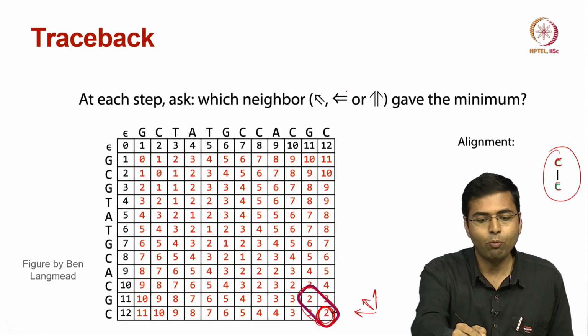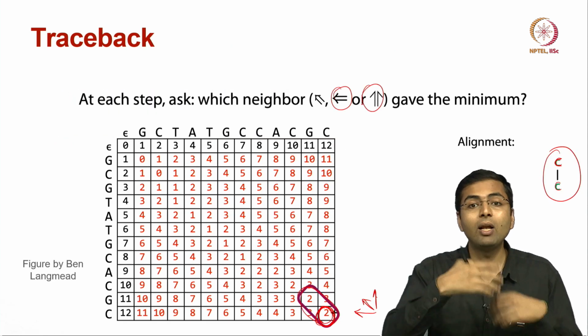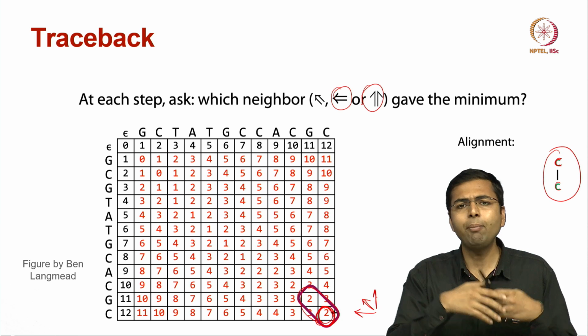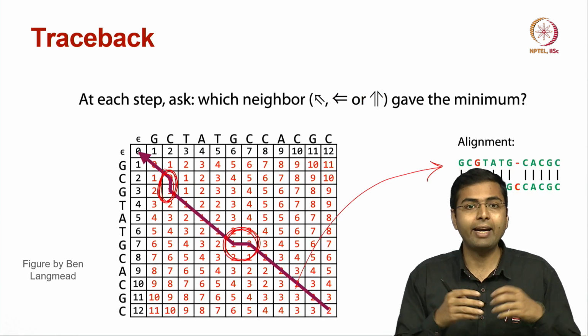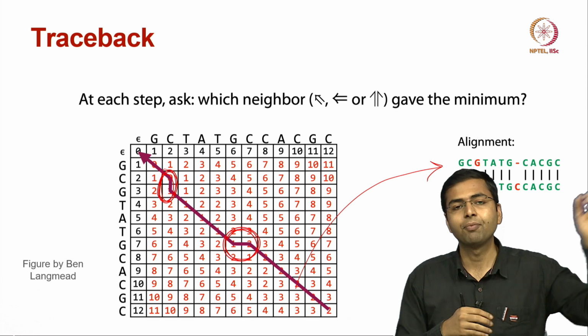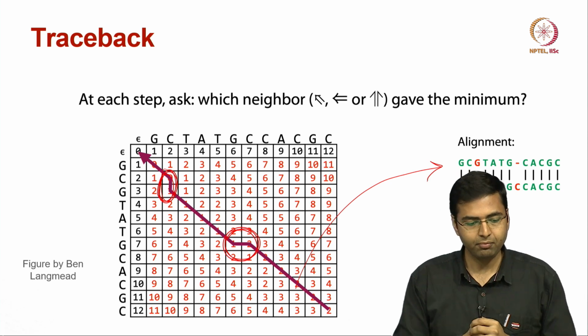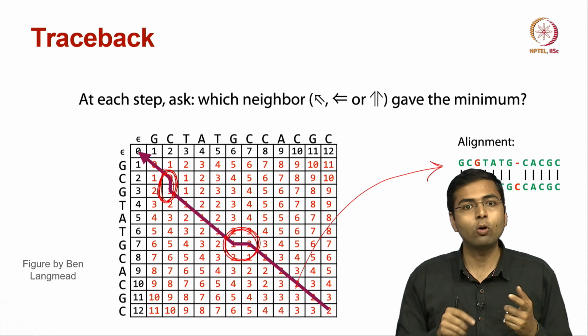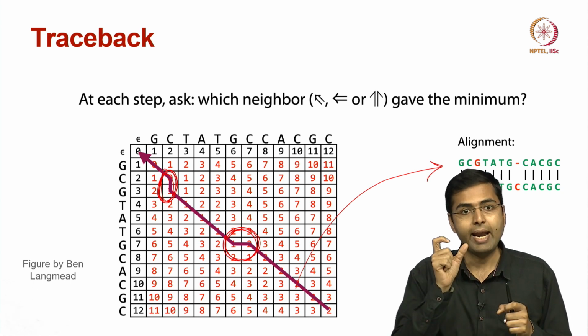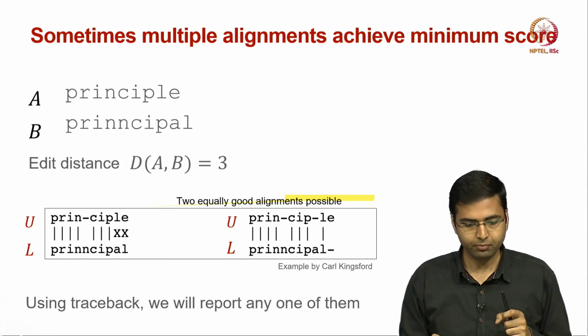If both of these are giving me equal score, then I can make a random choice and take one of them, so that I have at least one traceback to reach the left corner. Now, in this traceback we will produce one alignment that corresponds to the edit distance operations.